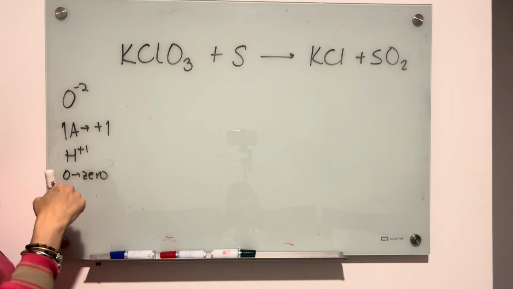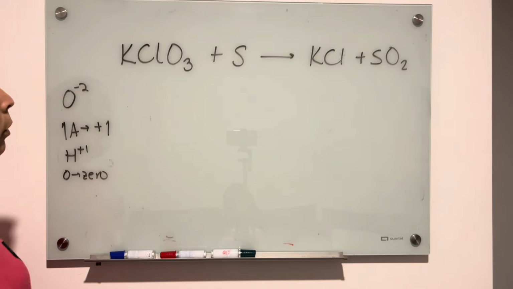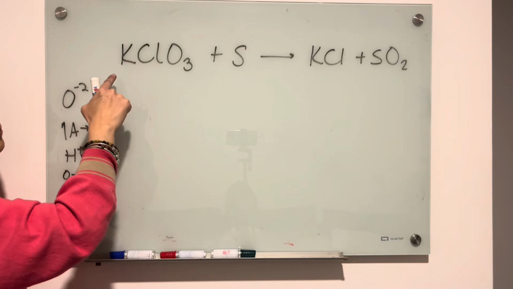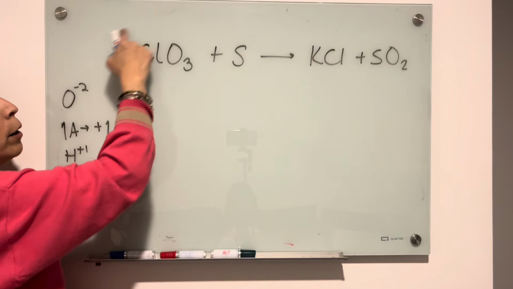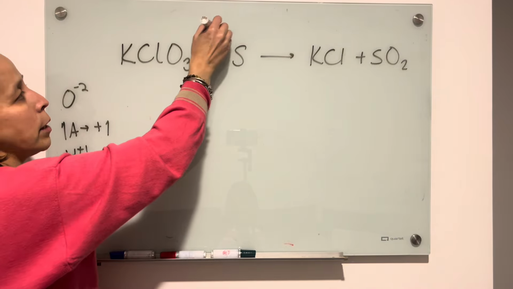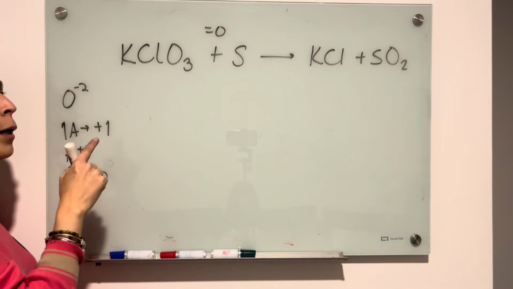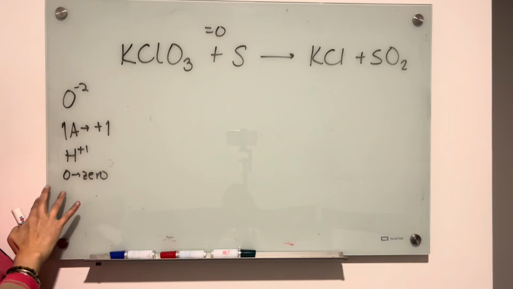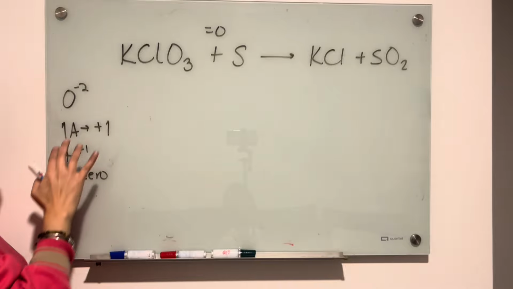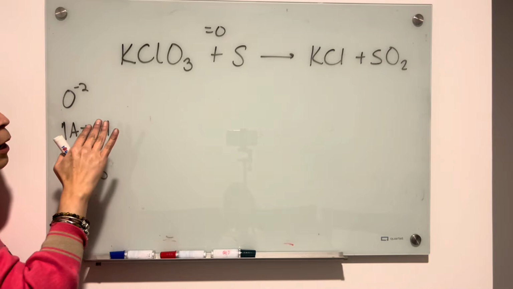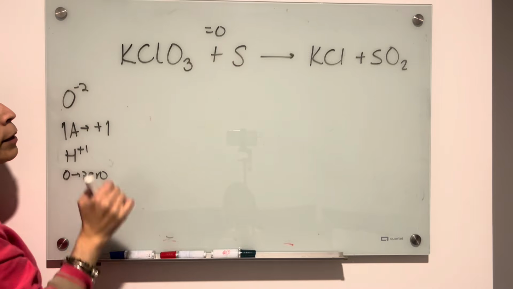And there are other rules that we are going to use in this example, but we also have to remember that the oxidation number of a neutral compound has to be 0. So we are going to find the oxidation number that we don't know from the rules, and we are going to make the operation to obtain this number.